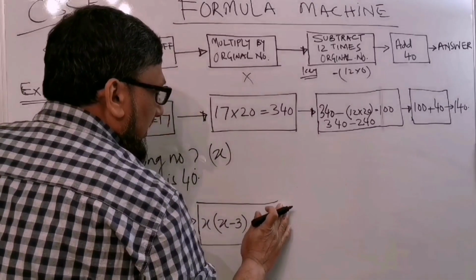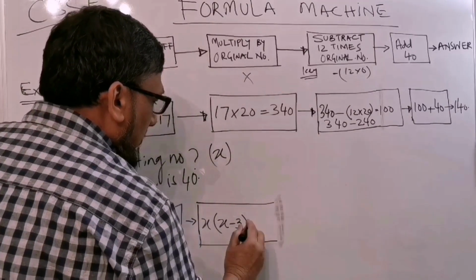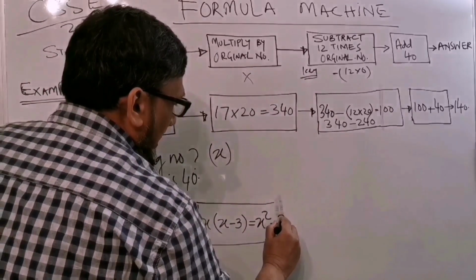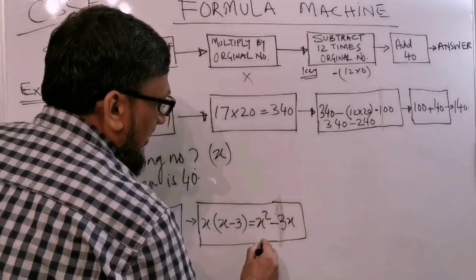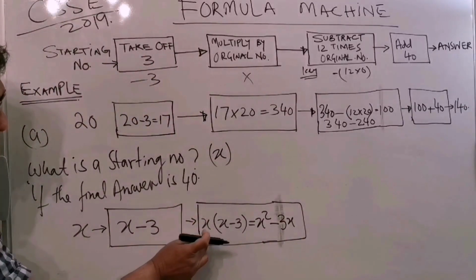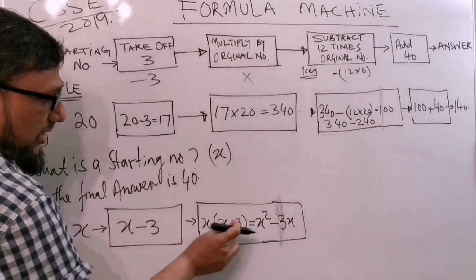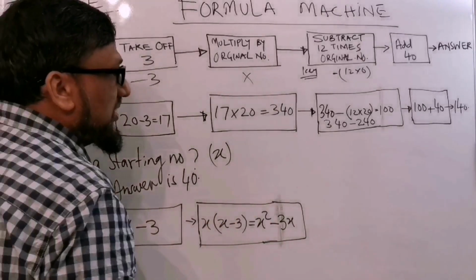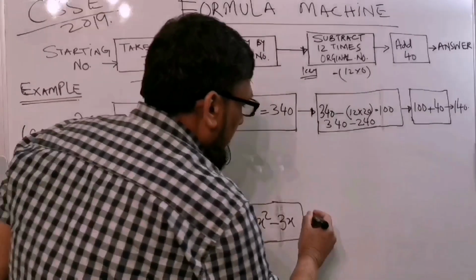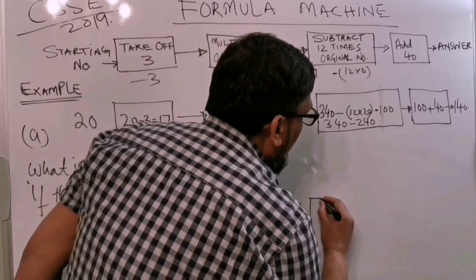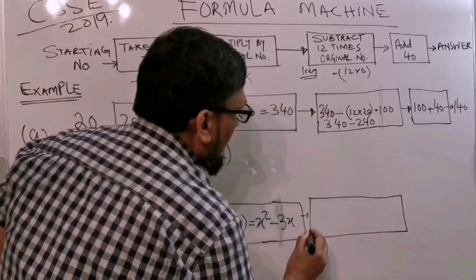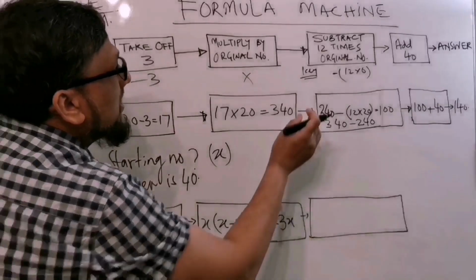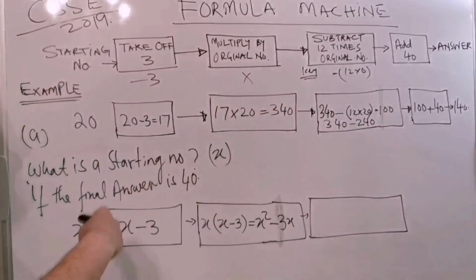So x, the original number, times x minus 3 from the first step. If I simplify this, we get x square minus 3x. So x times x is x square, and x times minus 3 gives minus 3x. In the third step, you subtract 12 times the original number.